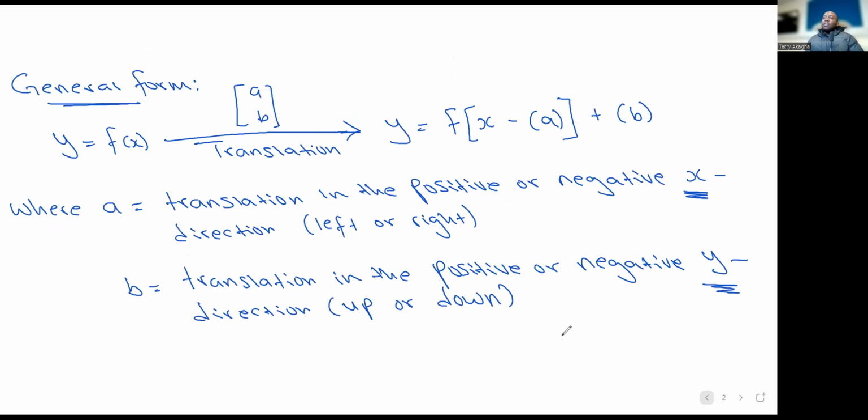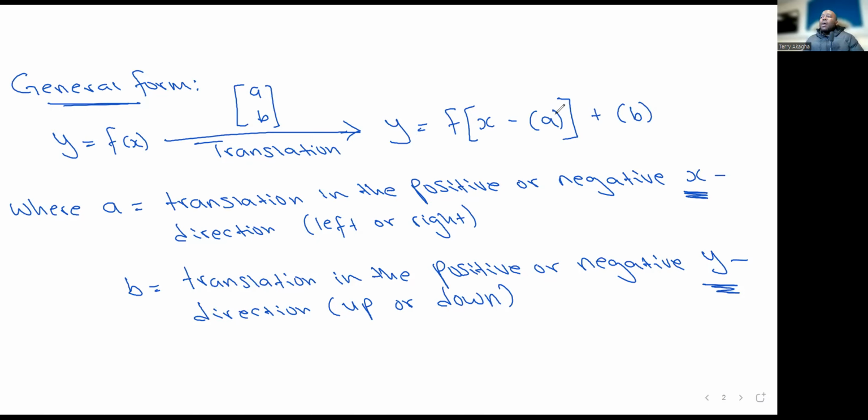The first thing, this is the general form. When a particular function is undergoing a translation, it's going to have a in the bracket and b in the bracket. So a could be positive, a could be negative, b could be positive, b could be negative.